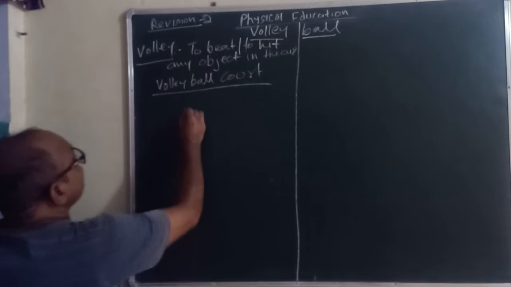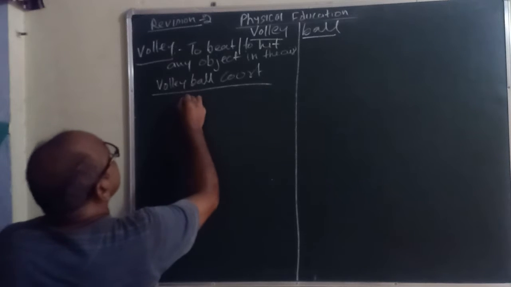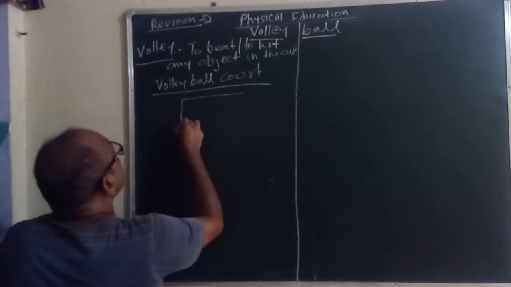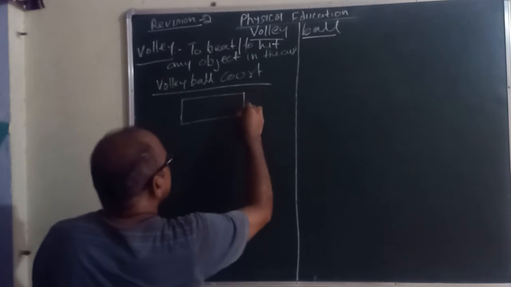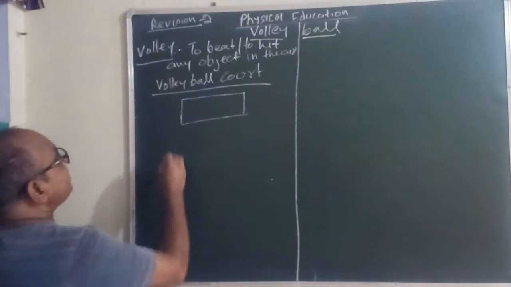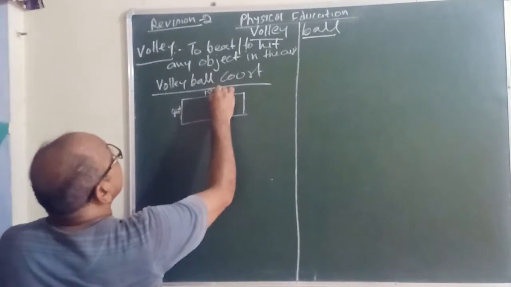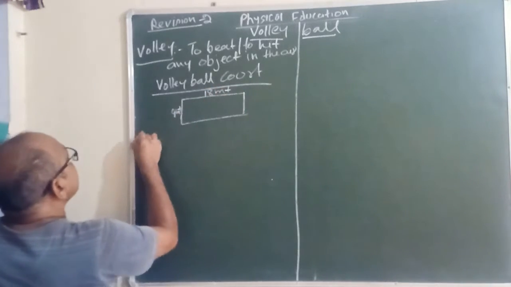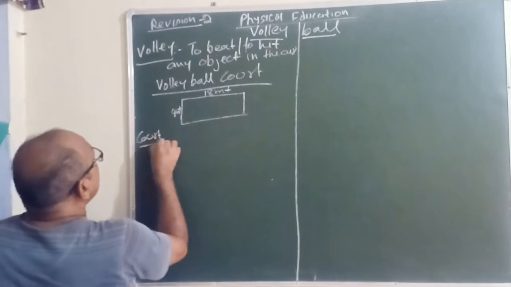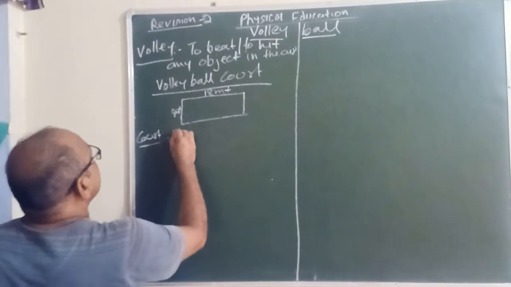Now what we have to do? First of all, we have to make the ground, and its dimension is 9 meter by 18 meter, and we have to write it like this.